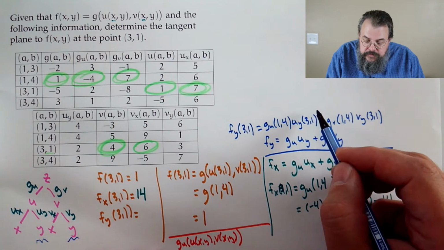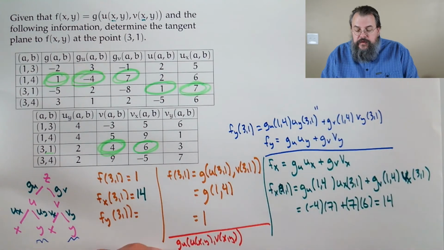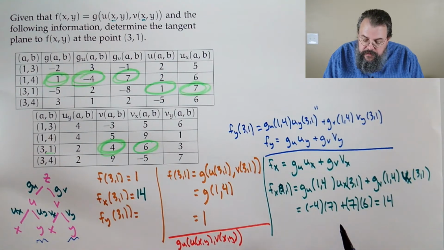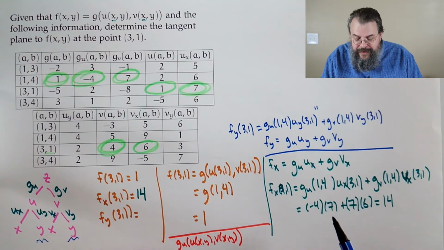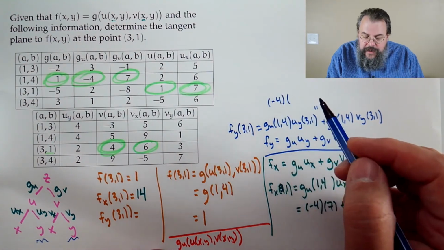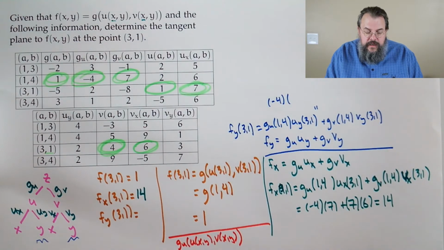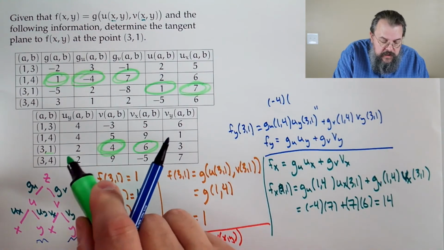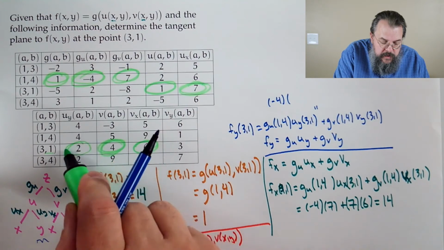Okay, well, that would be equal to, well, g sub u at 1, 4 still is the same as before. It's still negative 4. That doesn't change. So negative 4. u sub y at 3, 1. Well, oh, here it is. u sub y at 3, 1 is 2.